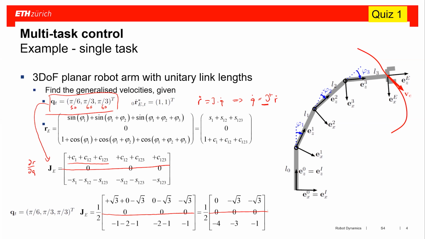So you have to make sure that whatever you write up, you have a consistent formulation with your dimensionality of the individual Jacobians, positions, and joint space definitions.